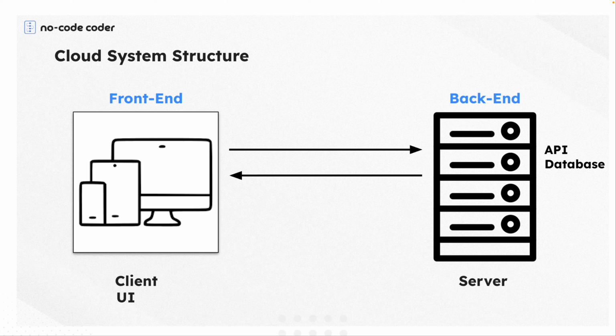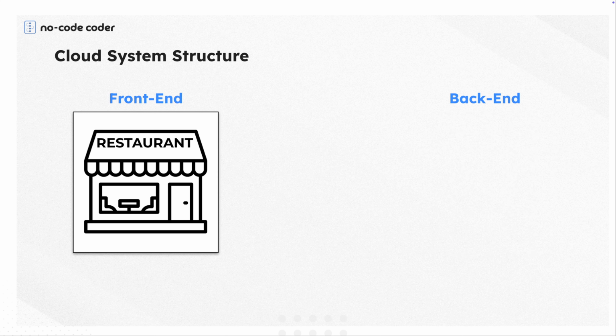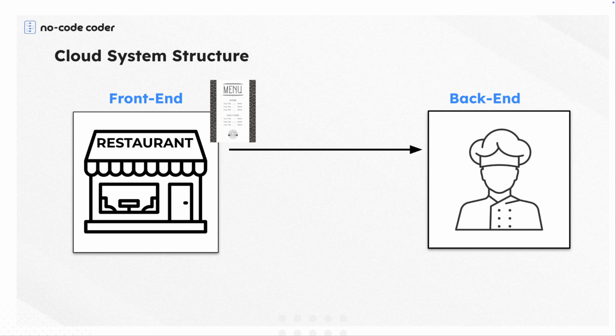To give you a real world example, think of a restaurant. You go into a restaurant, you're greeted, you're taken to your table, you're given a menu, and essentially that's the front end. In fact, it's usually called front of house in a restaurant. You pick from the menu, you give your order to the waiter, and he takes that request to the kitchen. Now he's taking it to the back end.